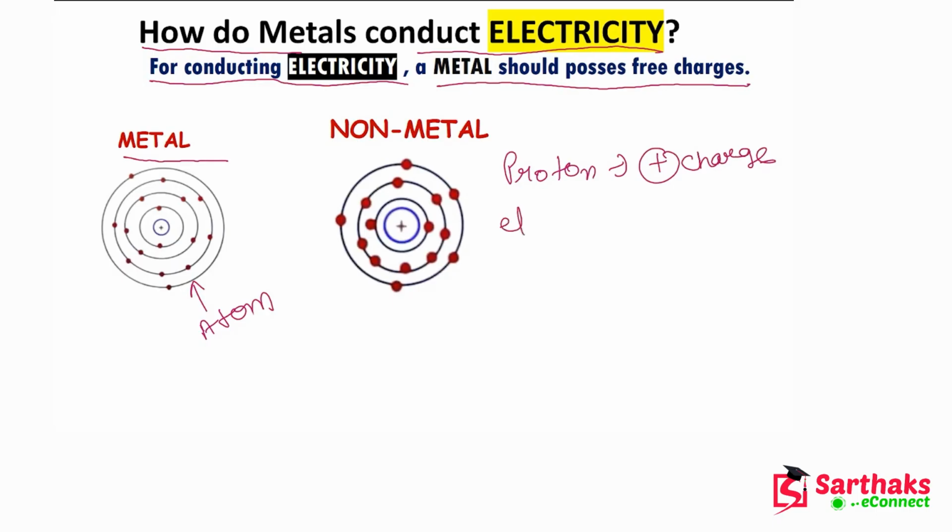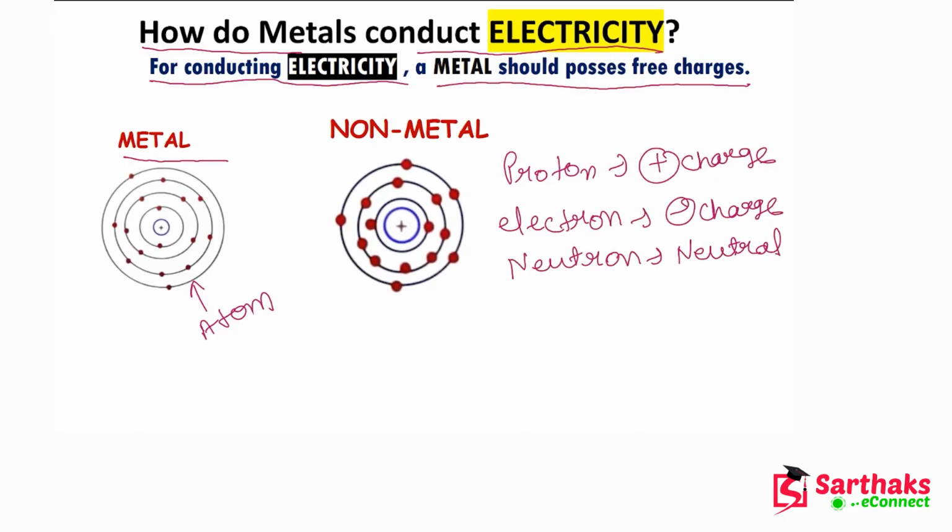On the other hand, electron has negative charge, and neutron is neutral. It has neither positive charge nor negative charge, so it is neutral.